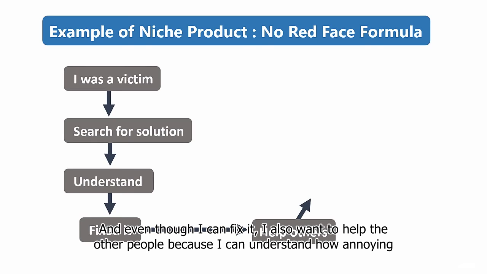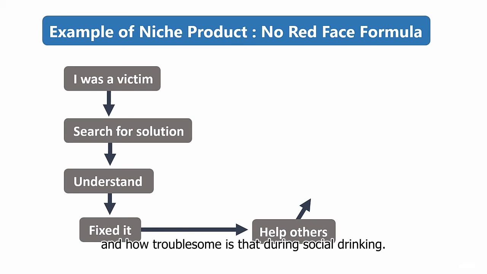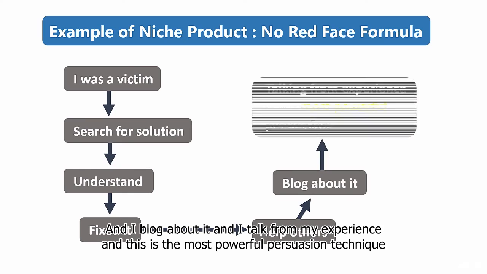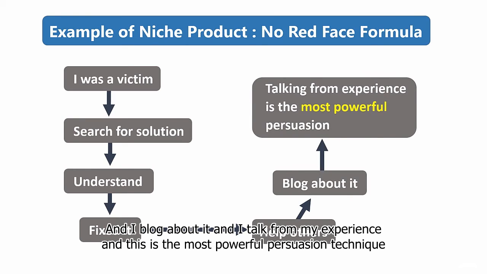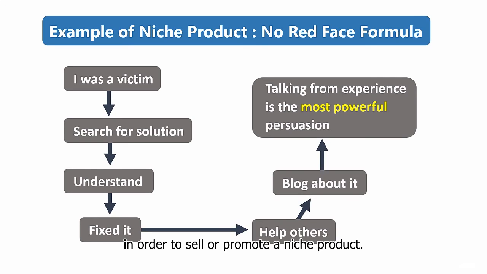And even though I can fix it, I also want to help other people, because I can understand how annoying and how troublesome that is during social drinking. And I blog about it, and I talk from my experience, and this is the most powerful persuasion technique in order to sell or promote a niche product, because I'm talking from experience.